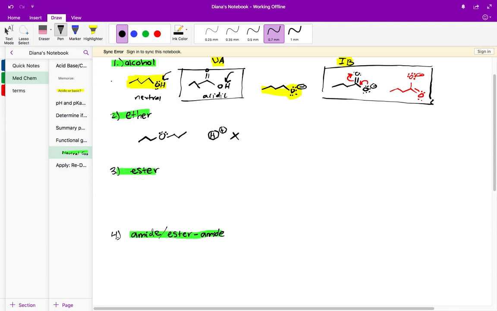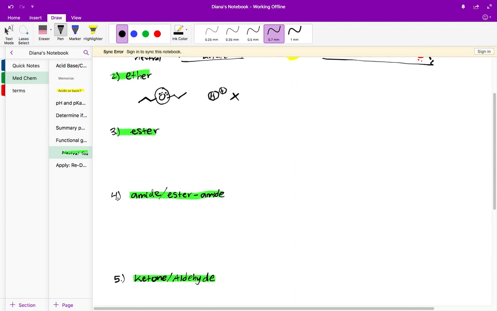And nothing in this structure can serve as a proton acceptor. This oxygen is not basic like a nitrogen would be, for example. If you don't remember why, you could go back to acid-base principles from organic chemistry, but for the purposes of medchem, you just need to know that an ether is neutral, just like an alcohol.